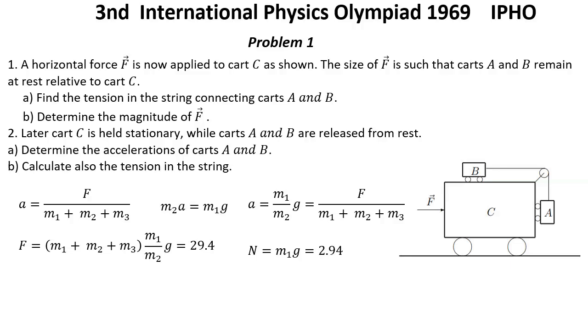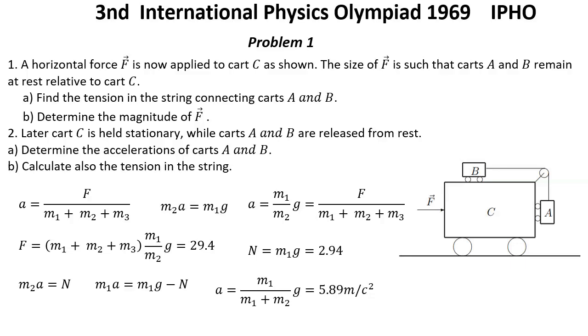Question 2. Now, because our cart C is not moving, on one hand M2 a equals N, and on the other hand we have M1 a equals M1 g minus N. It means that if we add these 2 equations, we get the acceleration for all carts equals M1 over M1 plus M2 times g, which is 9.89 meters per second squared.